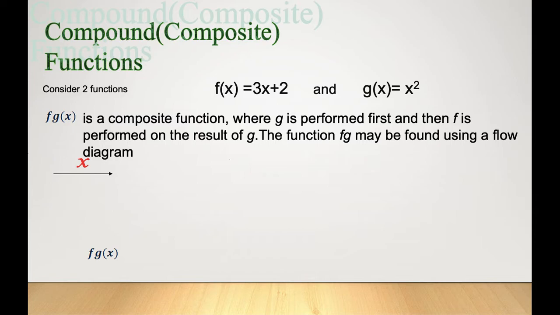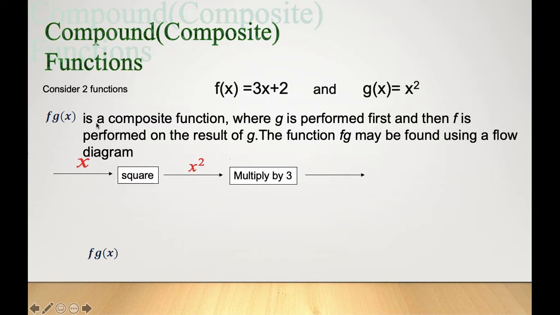So x, and the square of x. G of x is performed first, and g of x is x squared, so square the x. Then multiply by 3, and you will get 3x squared.